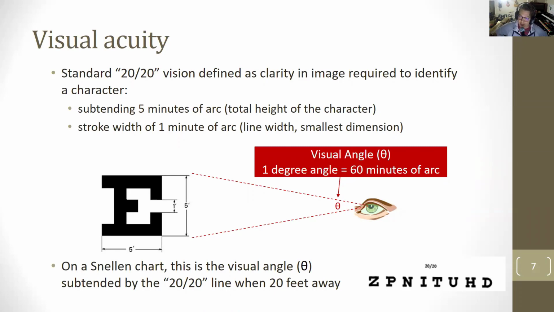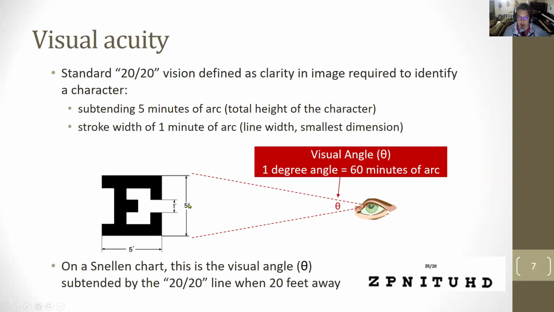And that matters for things like driving in the state of Texas. What can we assume about the acuity of the drivers? Well, they're at least 20/50, okay? All right, so if I am 20/20 vision, that's my standard. Another way to characterize that level of acuity is something that subtends 5 minutes of arc.